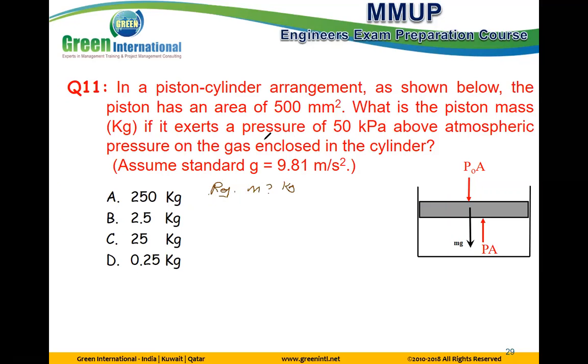It exerts a pressure of 50 kilopascal above atmospheric pressure on the gas enclosed in the cylinder, and assume g is 9.81.